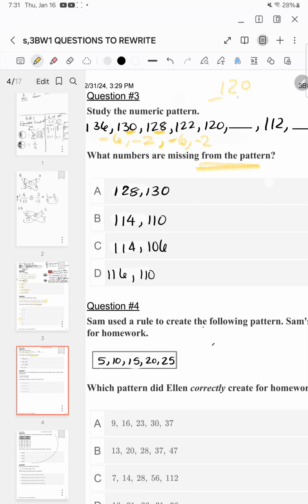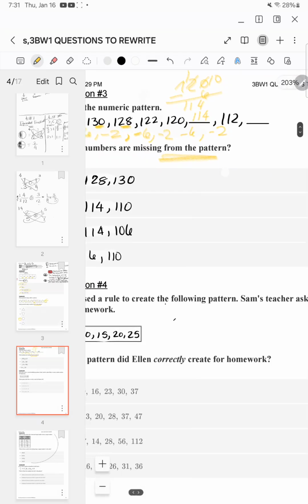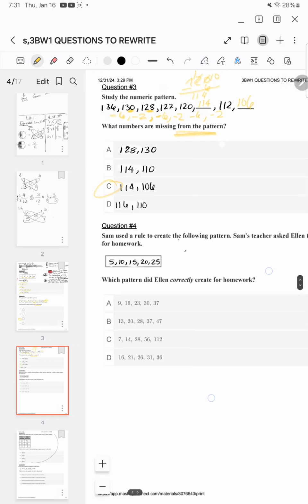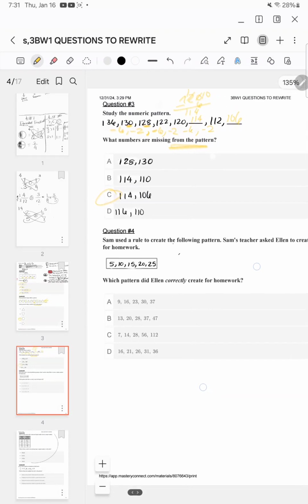And 120 minus 6 will be 114. And again, it fits because I subtract 2, which matches. And then 112 minus 6, we already know that's 106. So here we go. And here we go about Sam using a rule.